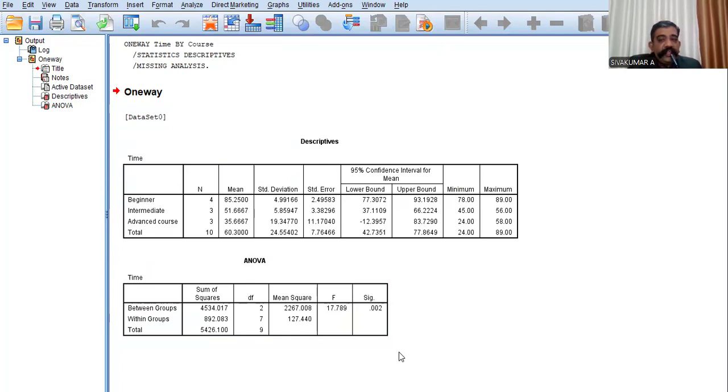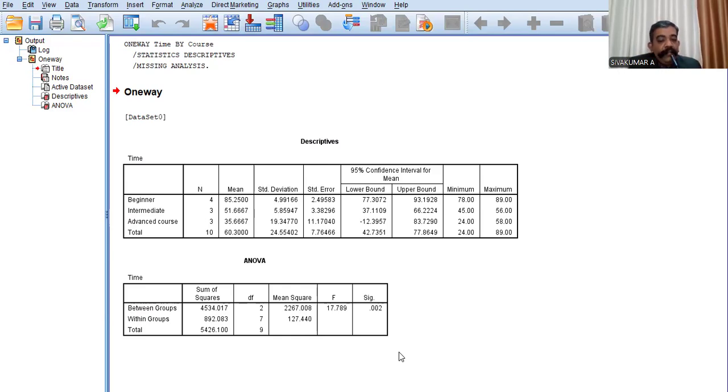Then the researcher can reject the null hypothesis and accept the alternative hypothesis.